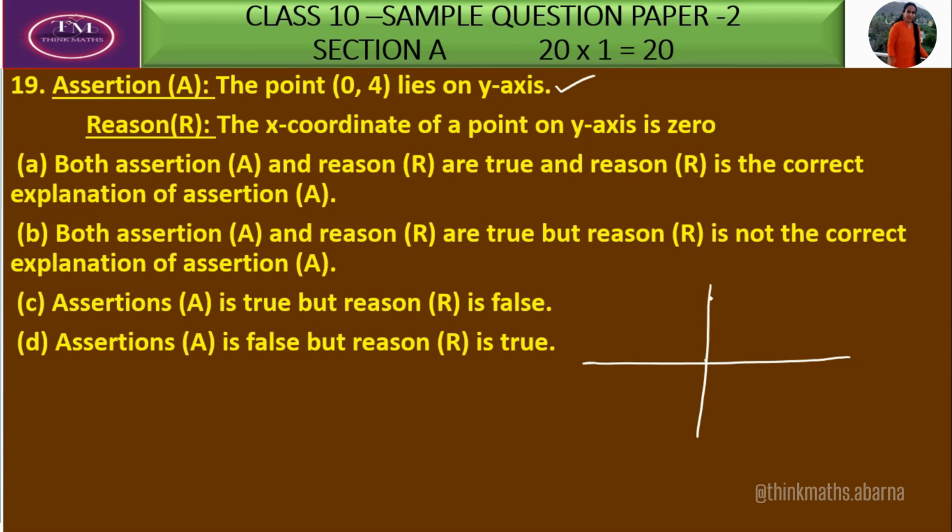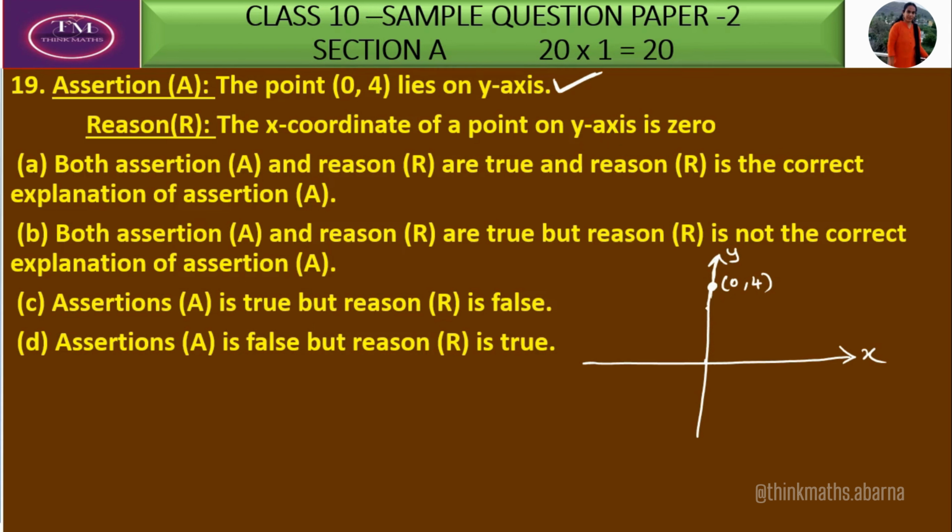So where is 0, 4? This is y-axis and this is x-axis. So 0, 4 will come here. So the point 0, 4 lies on y-axis. Yes, it is correct.